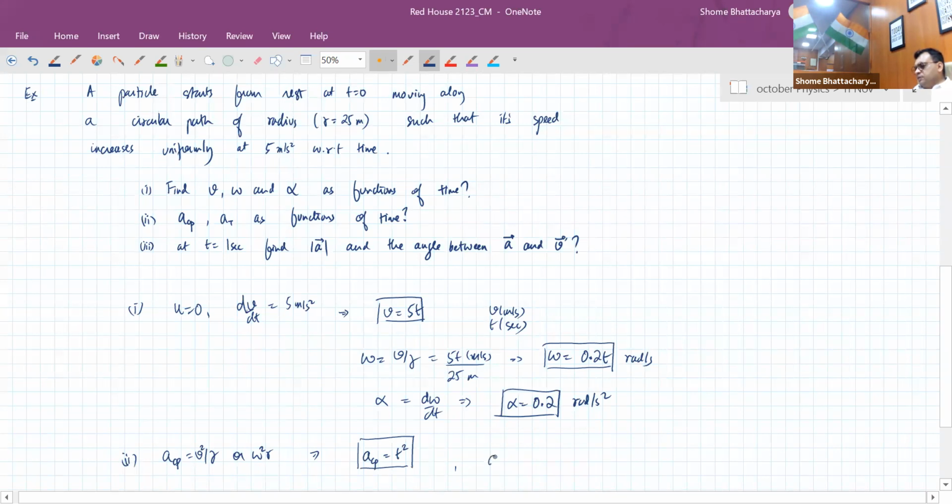And the tangential acceleration on the other hand is r alpha, which is also by the way equal to dv by dt. So we already know that the tangential acceleration is 2 meters per second square. So it's a constant magnitude, the tangential acceleration.